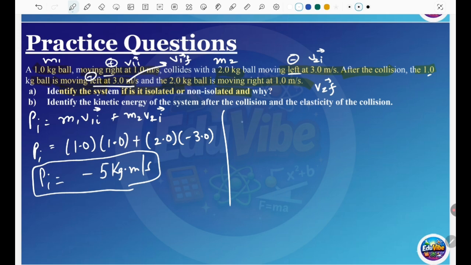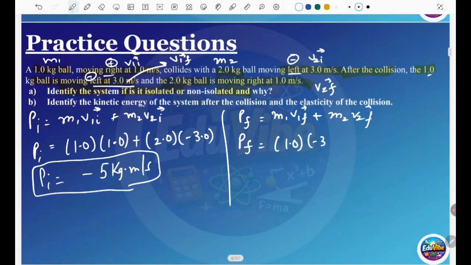And next, you have to find PF. So it's M1 V1F plus M2 V2F. Your M1 is 1.0 and V1F is minus 3.0, plus 2.0 and V2F is to the right, so it's 1.0. When you calculate this, you get about minus 1.